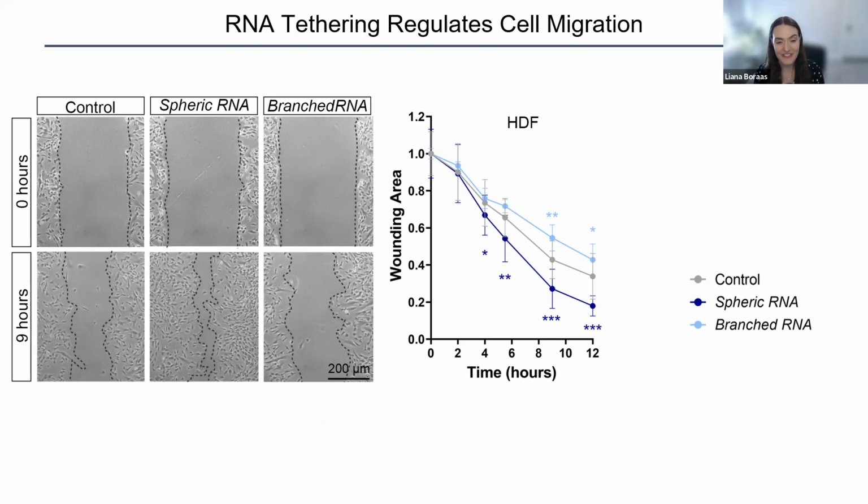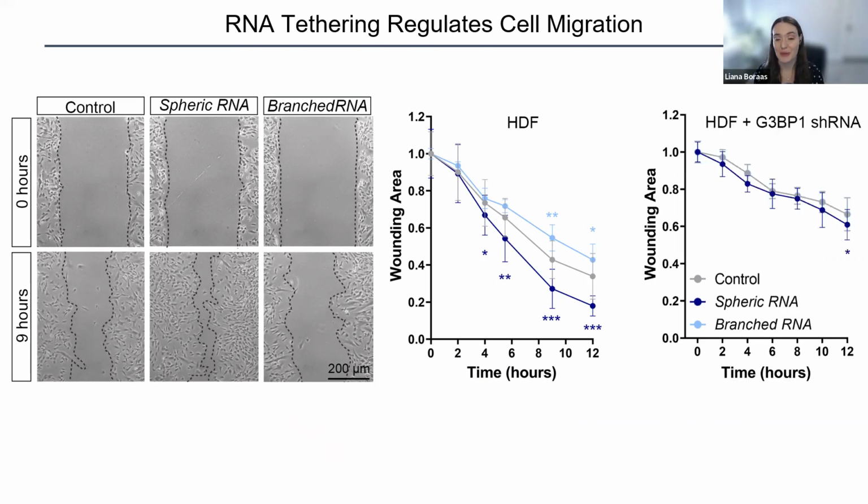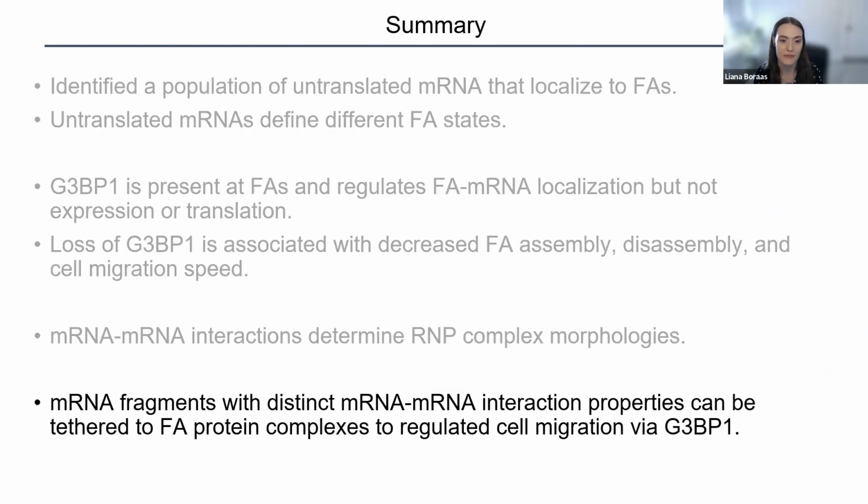On top of this, when we treat cells with G3BP1 shRNA, all of that goes away. So it seems like it's the combination of the effect of local RNA as well as G3BP1 that controls the way that these RNP granules somehow change the biophysical properties around the adhesions that leads to these alterations in migration.